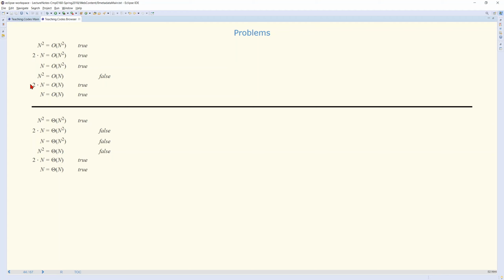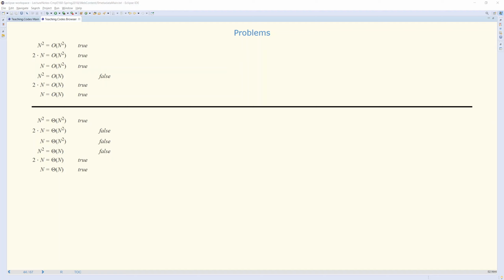This is a better representation than this one, but still mathematically O of n squared is also true for 2n. If we compare n with O of n squared, it's similar.